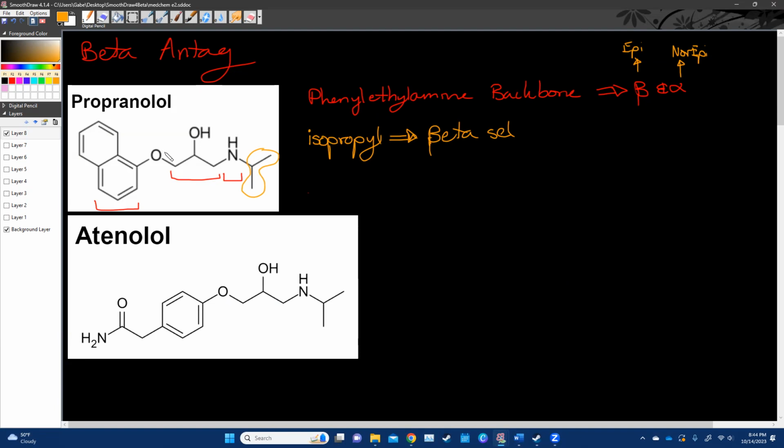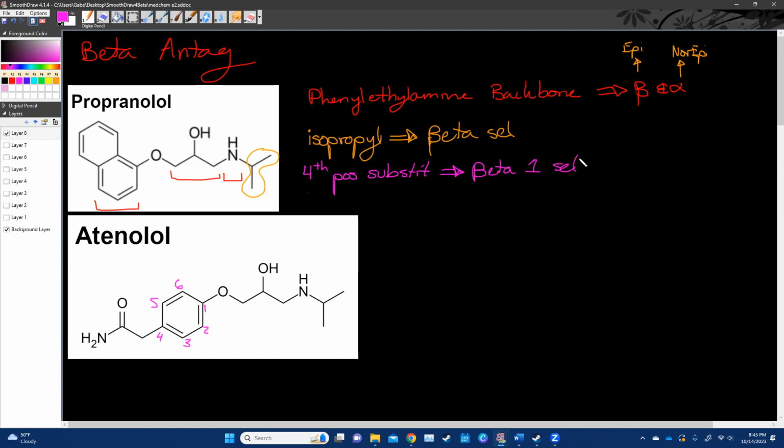In order to be beta 1 selective, what you need to have is a substitution at position 4. So having a 4th position substitution is what enables beta 1 selectivity.